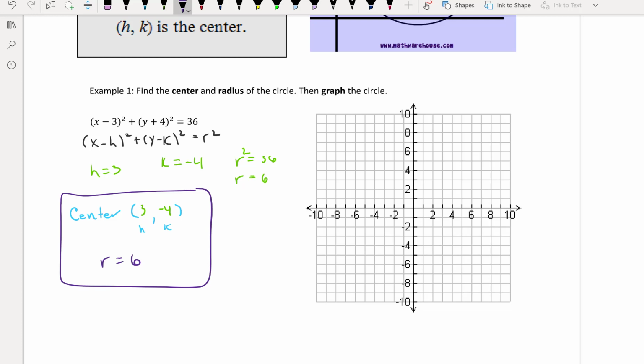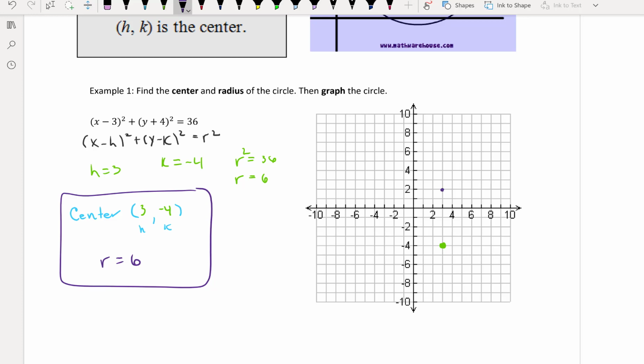Now I'm just going to have to graph this. My center, I said, was (3, -4). So there is my (3, -4). Because my radius is 6, I'm going to go out 6 in every direction. I'm going to go up 6: 1, 2, 3, 4, 5, 6.